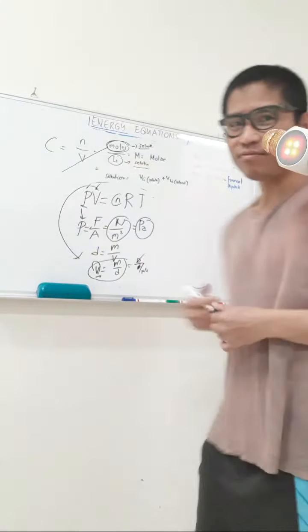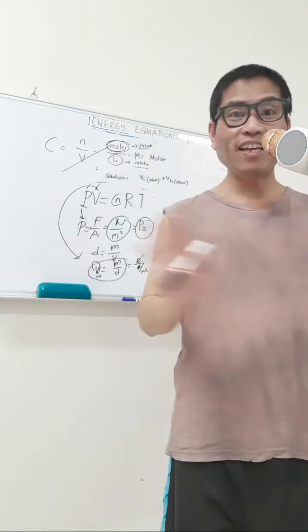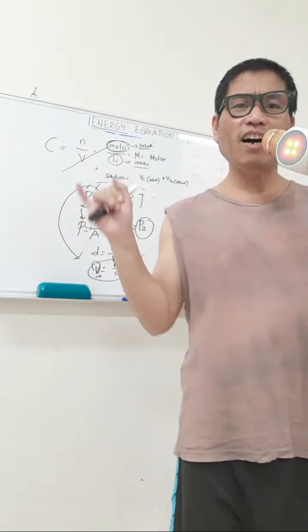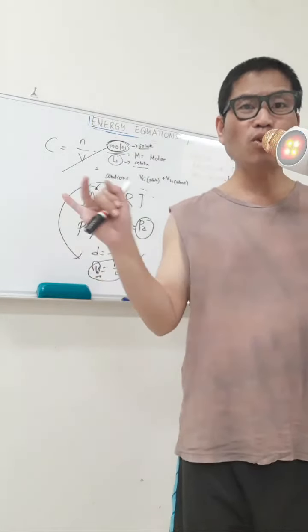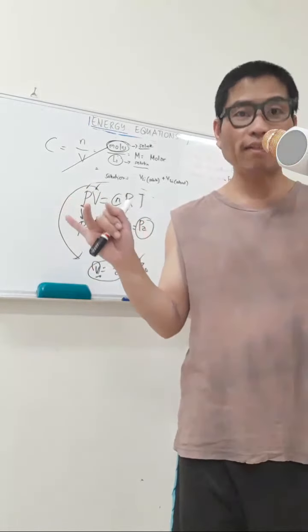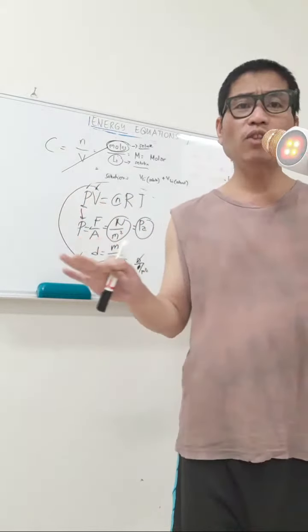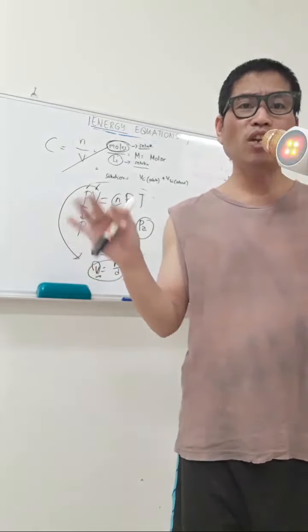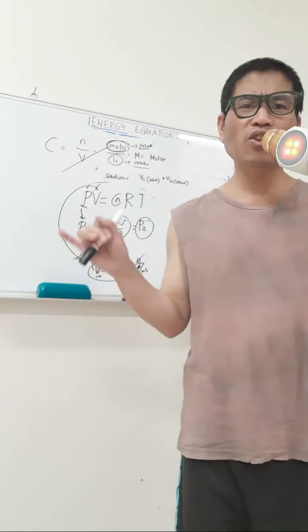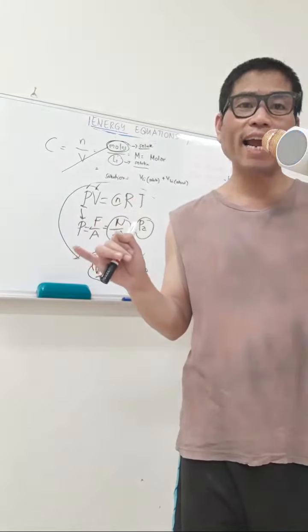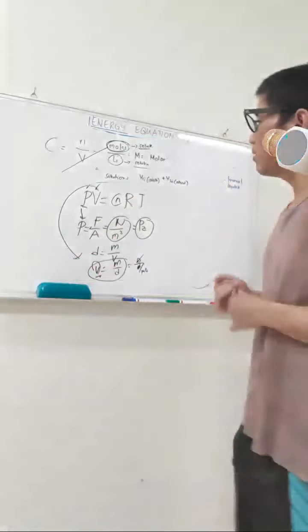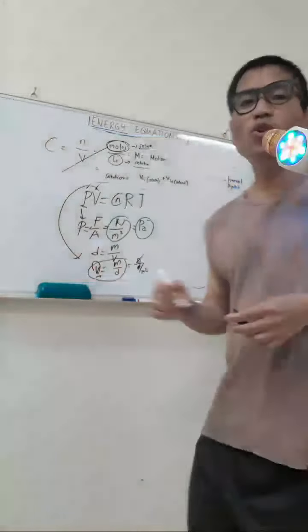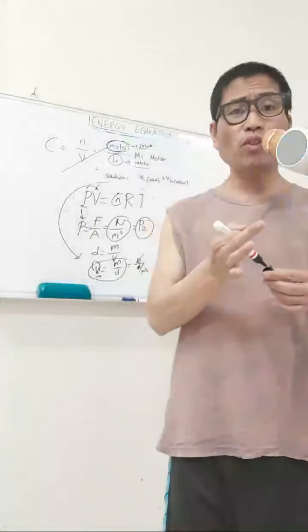Since substance varies, it could be a liquid, a gas, or a solid. Or it could be a homogeneous mixture, a heterogeneous mixture, a homogeneous solution, a heterogeneous solution, or an alkyl solution. Number two: there are two ways to compute the number of moles.